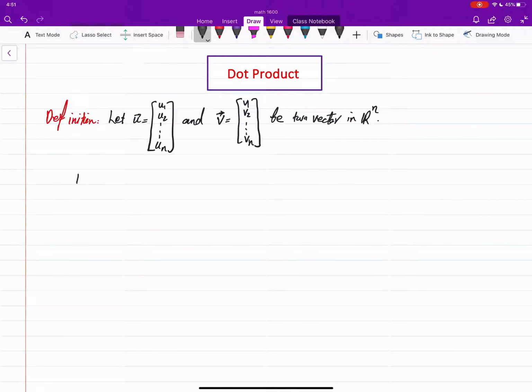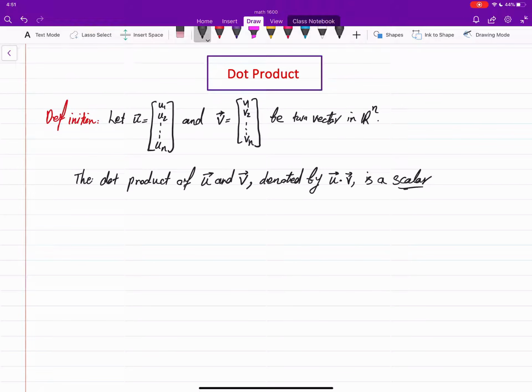Then the dot product of u and v is denoted by u dot v. The naming is clear enough. It is a scalar, which is a very important point.